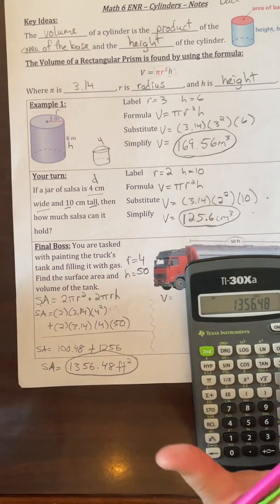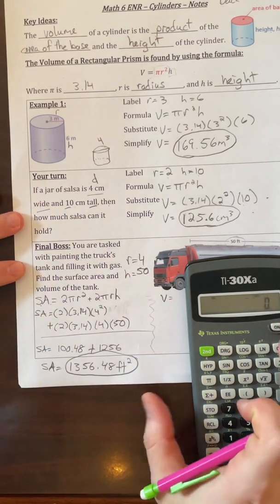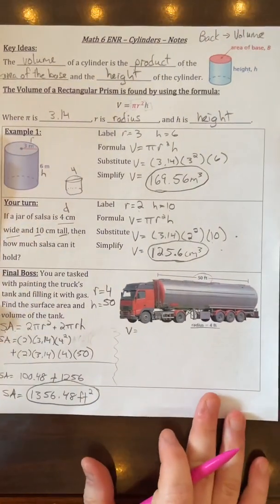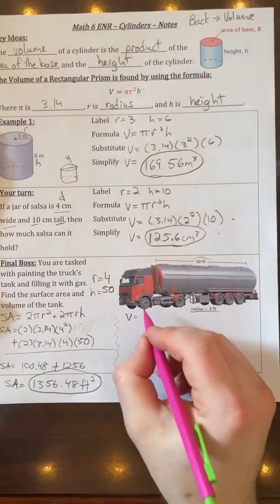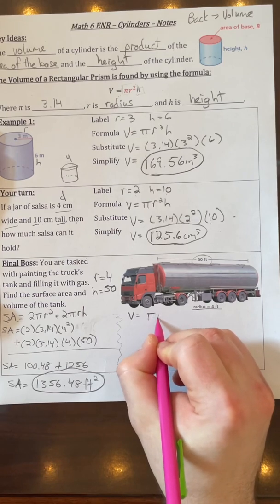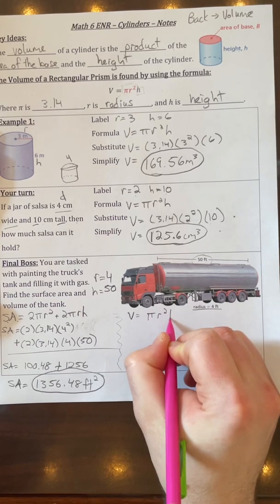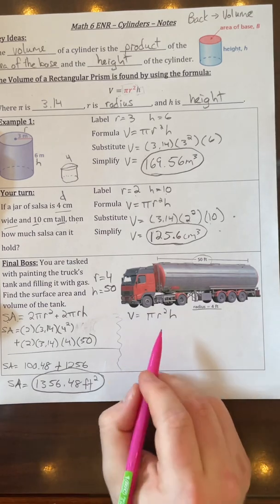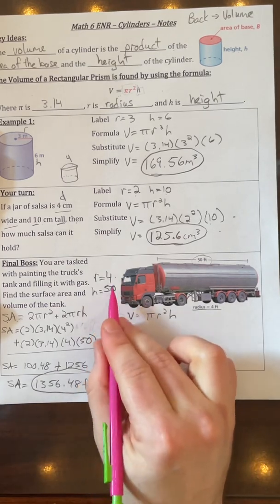Again, we said that we're trying to paint the outside and fill it with gas, and so we need to also make sure we find the volume. So we're going to say volume is still going to use that pi times the radius squared times h. Make sure you're still using that same exact value.